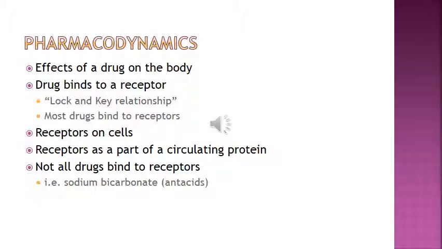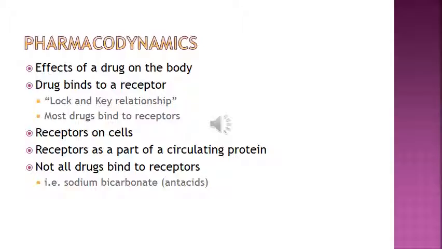So to start with, we're going to introduce the idea of pharmacodynamics. Pharmacodynamics looks at the effects of a drug on the body. In other words, when an individual takes some sort of medication, what that medication does as far as its interaction with the body. The way most drugs typically work is that they bind to a receptor.